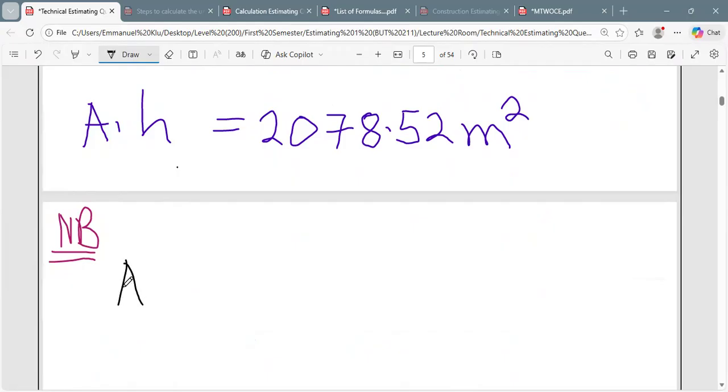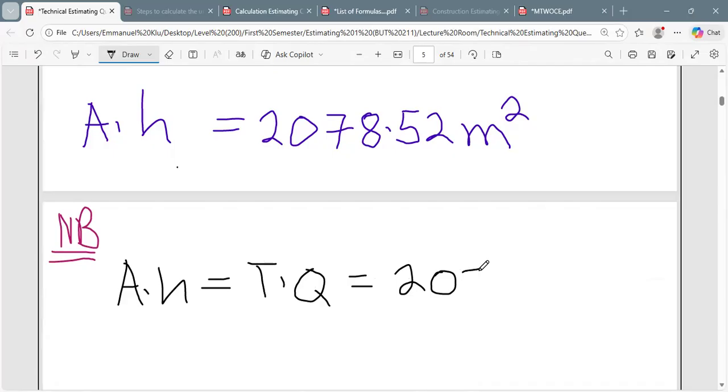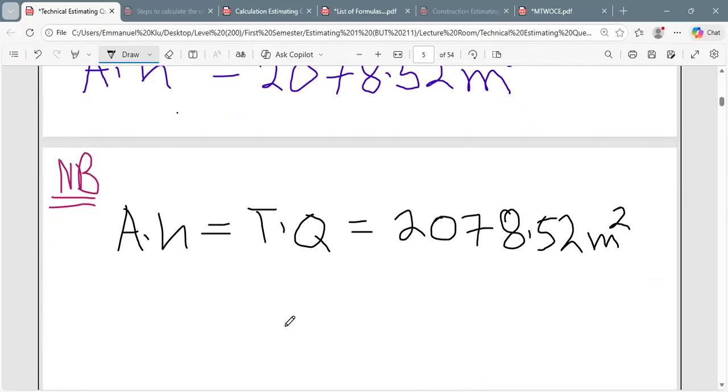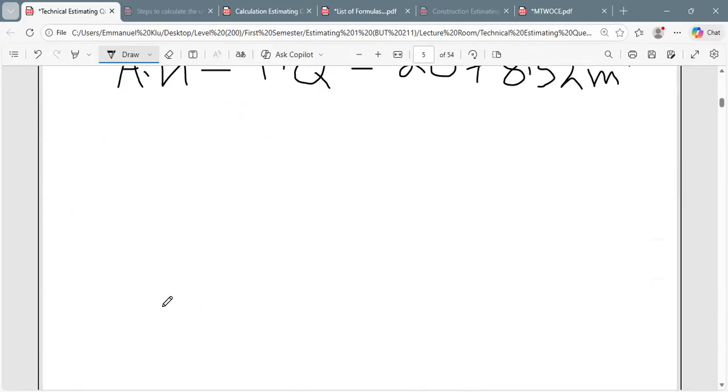Your area of hoarding is the same as your total quantity from here going, which is equal to 2078.52 meter squared. All right, so let's proceed.